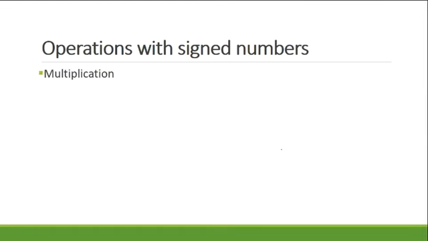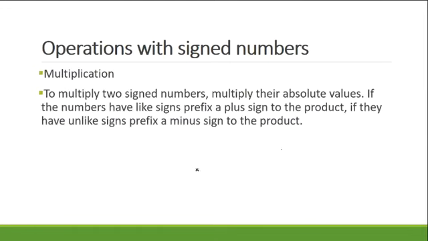For multiplication, to multiply two signed numbers, multiply their absolute values. If the numbers have like signs, prefix a plus sign to the product. If they have unlike signs, prefix a minus sign to the product. So yan, kung magkaiba yung sign ng dalawa, say 1 and negative 2, multiply natin siya.